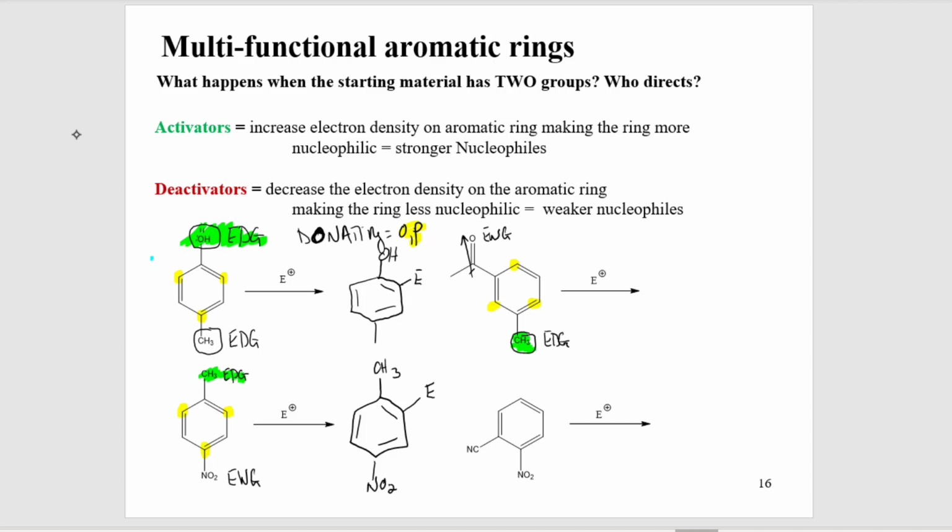Which one is going to be the best? Well, it could be that we put it here, but if we put it here, then it's got steric hindrance on both sides. So that might not be the best thing. So we're going to start looking at steric hindrance effects. I've got two choices, and you probably will get a mixture of both.